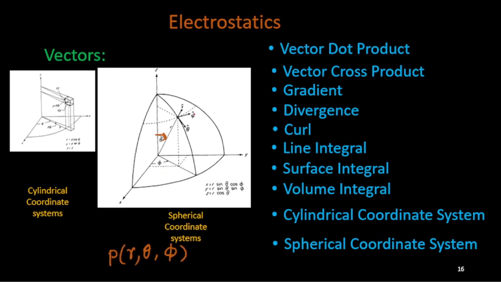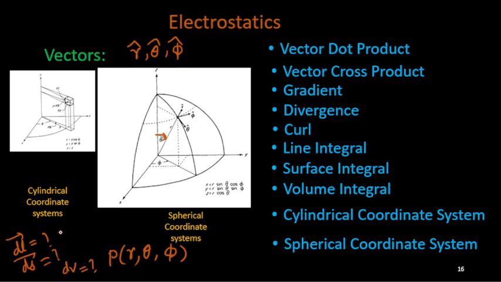So here again we will get three unit vectors, r, theta, and phi, and we need to understand the elementary length dl vector, the elementary surface vector, and the elementary volume dv. So these three things we need to understand.